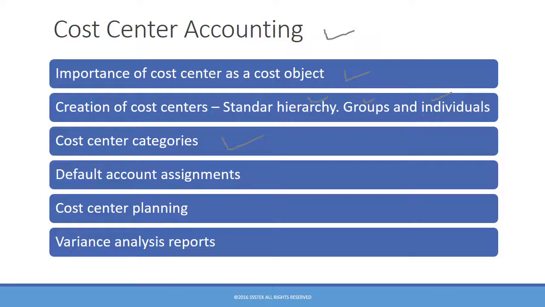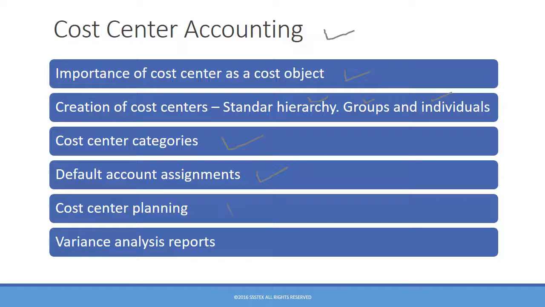Like this, there are several categories, and you need to do default account assignments, which means you should set the system in such a way that as much as possible the cost centers are derived by the system itself, depending on, for example, cost element or the material or the nature of expenditure. We will learn how to do default account assignments.